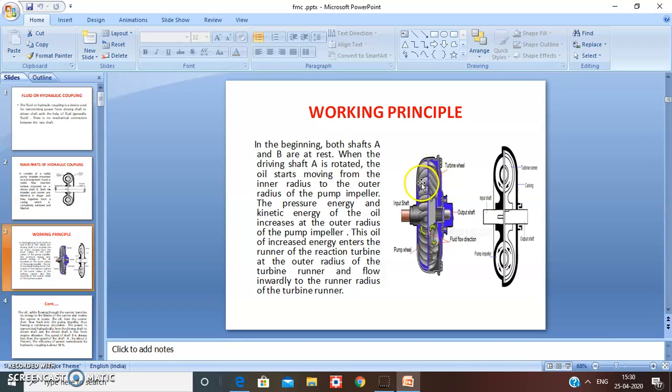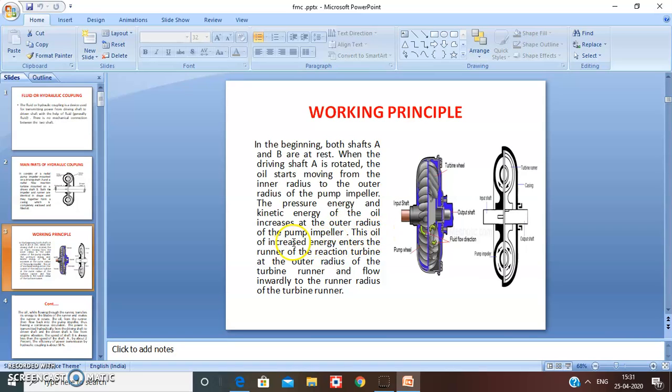This is your shaft A and this is your shaft B. This is your input and this is your output. This is your impeller and this is your turbine. The pressure energy and kinetic energy of the oil increase at the outer radius of the pump impeller.